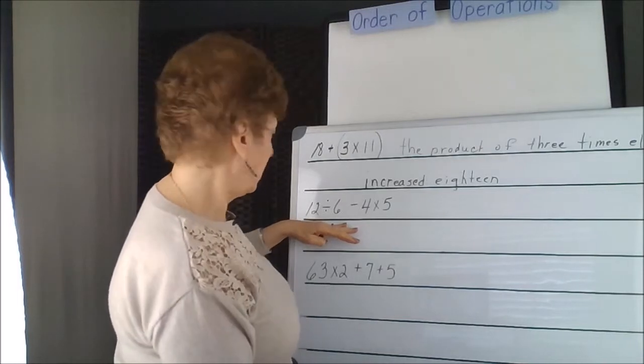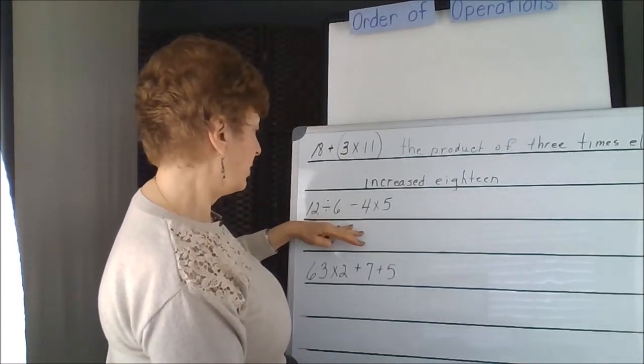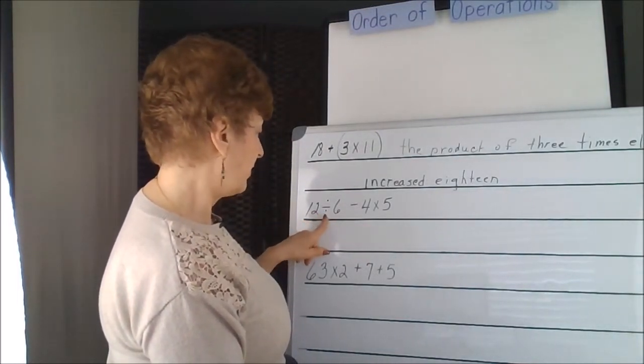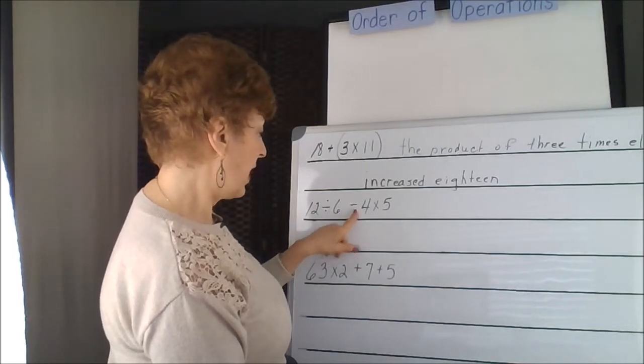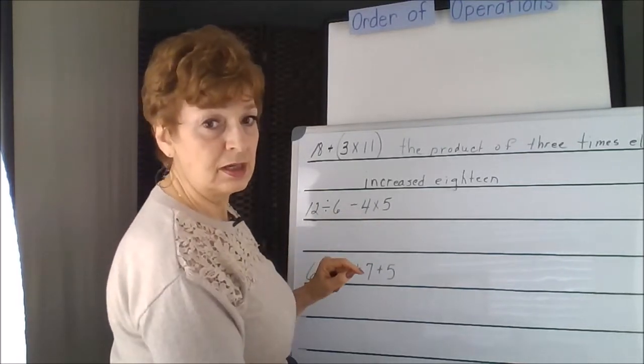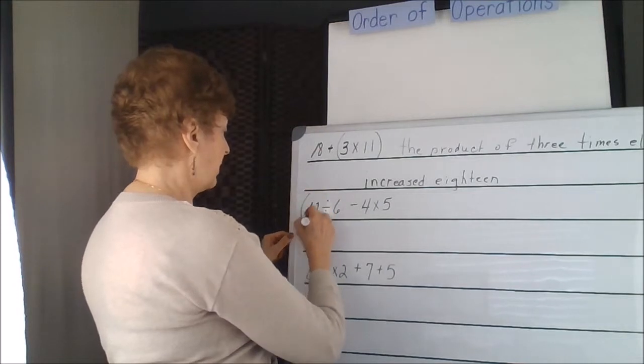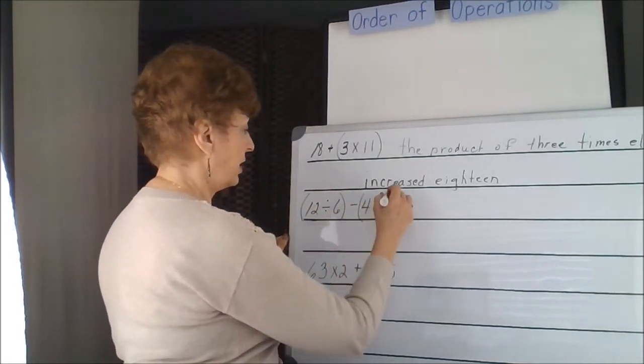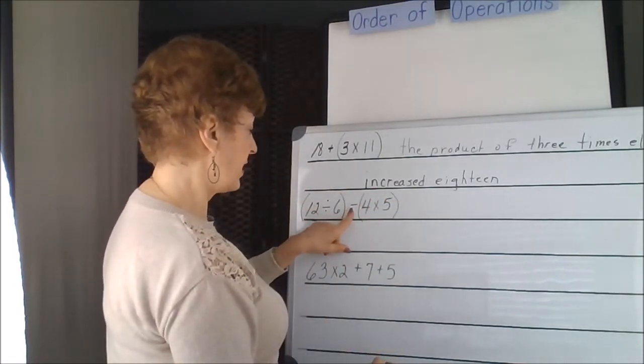In this particular one, again, we've got to think of our order of operations. We have a division, a subtraction, a multiplication. So our parentheses would go around our division and multiplication before we do the subtraction.